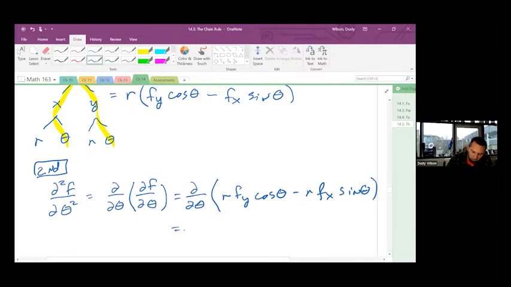It will be the partial with respect to theta of fy times r times negative sine theta, minus the partial with respect to theta of fx times r cosine theta.